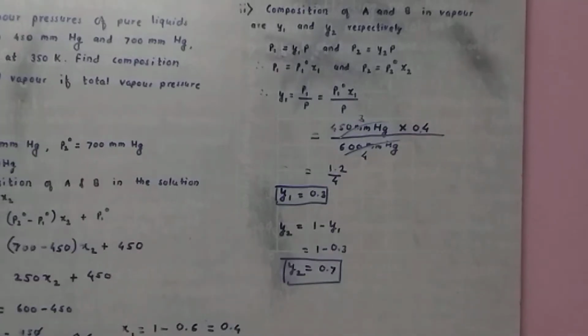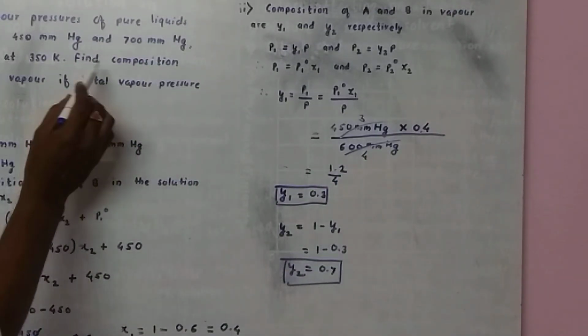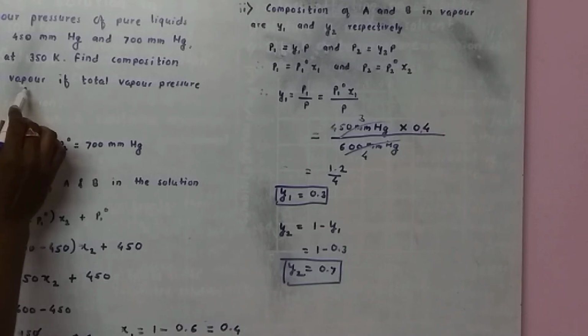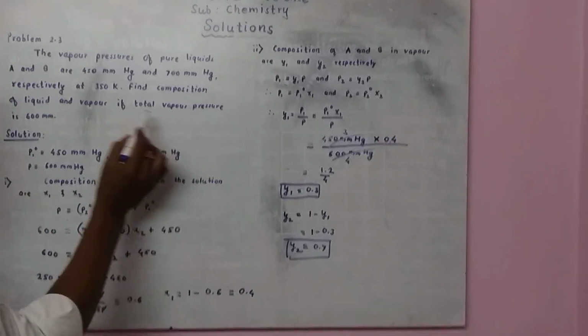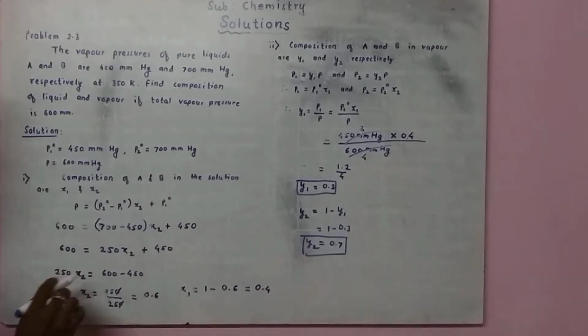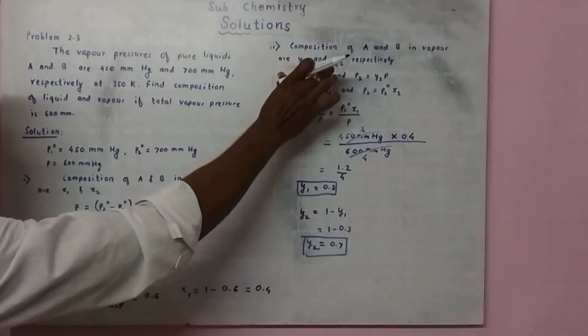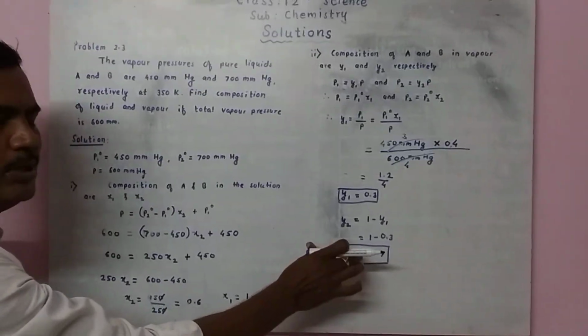In this way, we have found the composition of vapor if the total vapor pressure is 600 mm. Here the composition of liquid and here the composition of vapor is found.